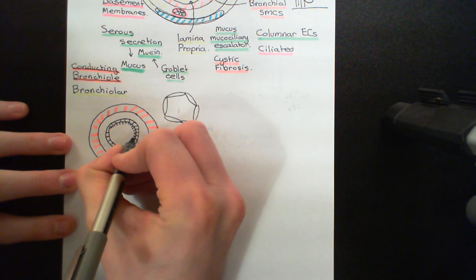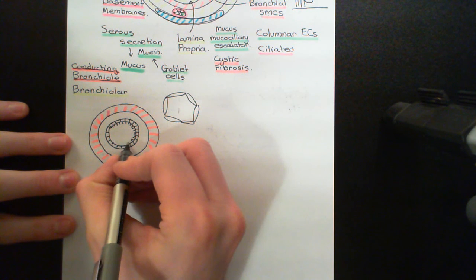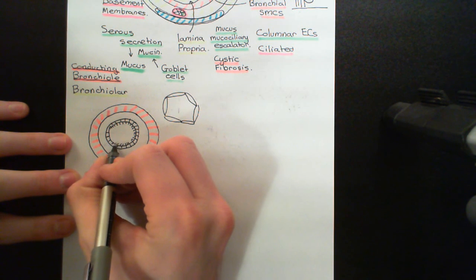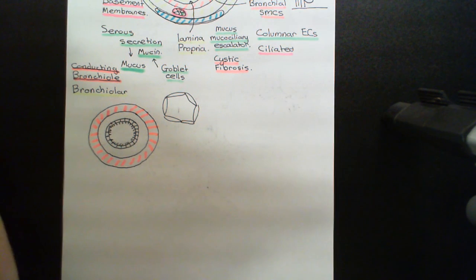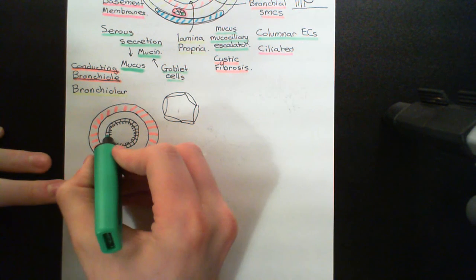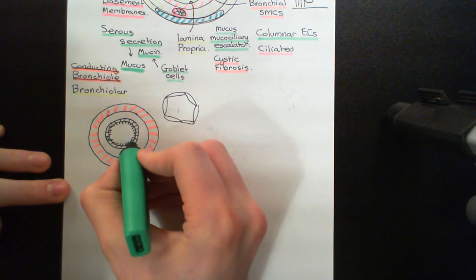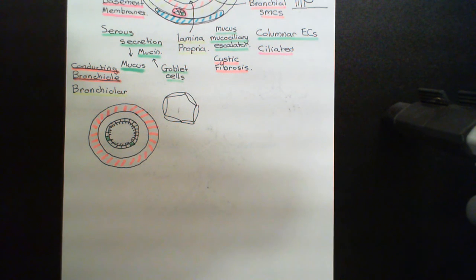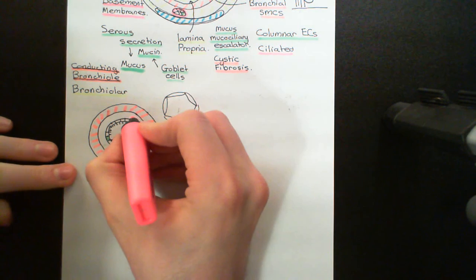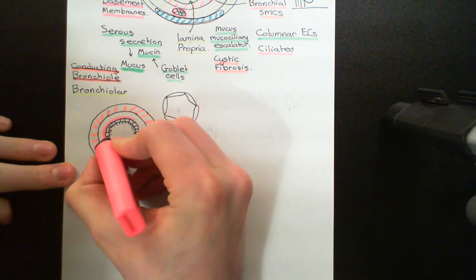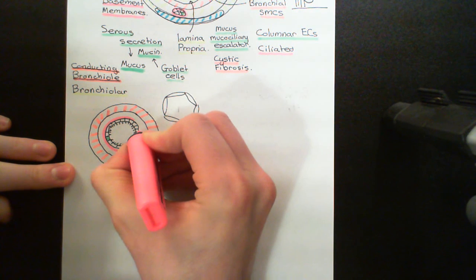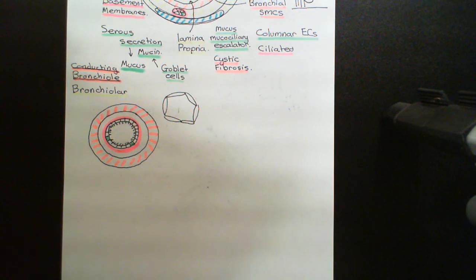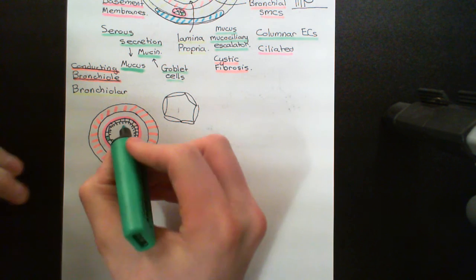We're just going to rely on the surface epithelium to produce its own mucus, and I might even try and leave some cells without cilia, which can be our goblet cells this time. Better prepared. Okay, right, so here then this is going to be a goblet cell, and this one here is going to be a goblet cell. And of course the epithelium needs a basement membrane, so I'll just add that in here, like so.